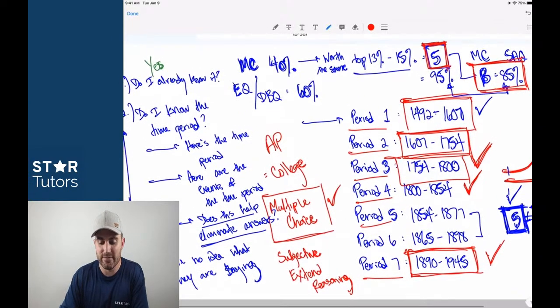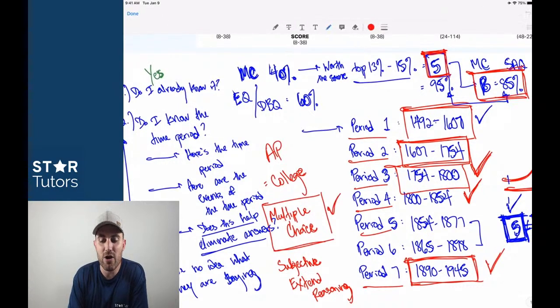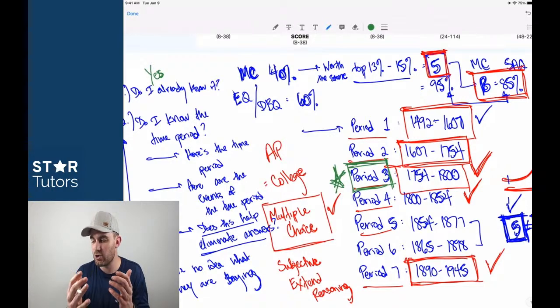And just to give you even more context, here are the very important American history time periods. Very, very important: Period 3. That's one of the most important, if not the most important, to know. The way we describe it to our students is as the entirety of 1754 to 1800, where something is happening throughout.